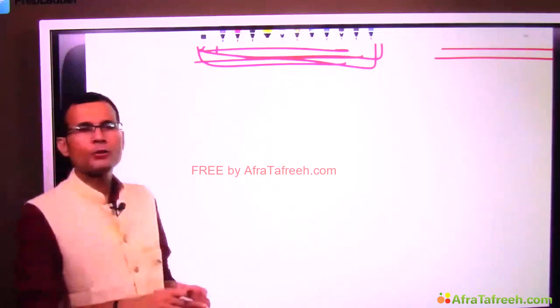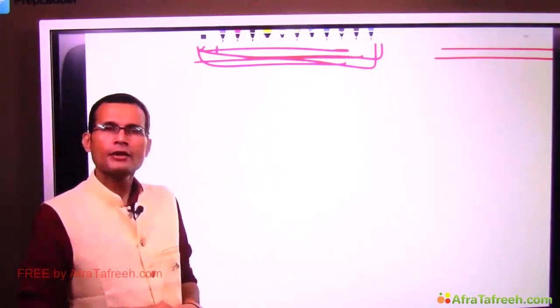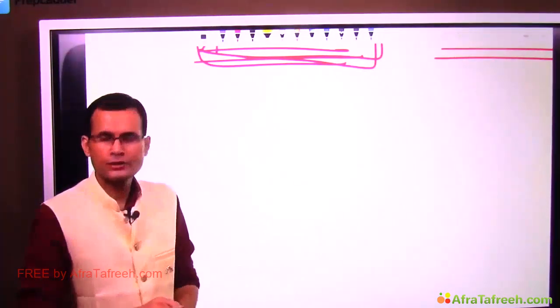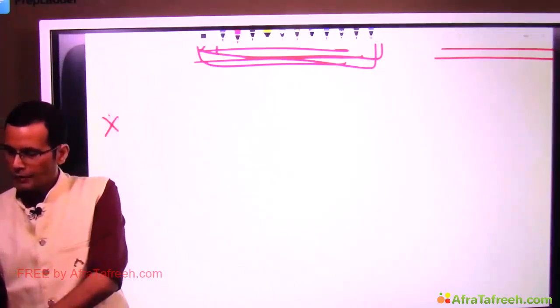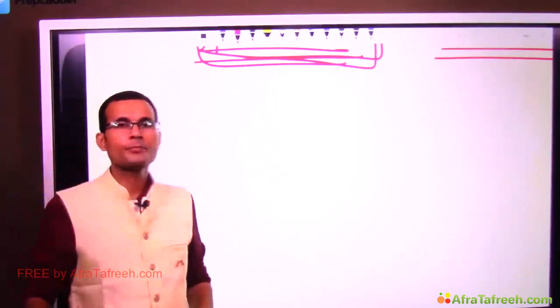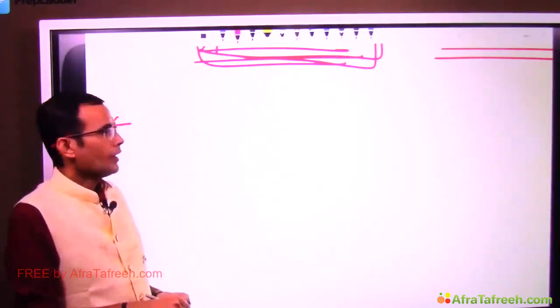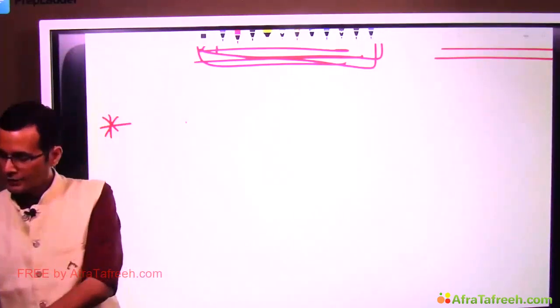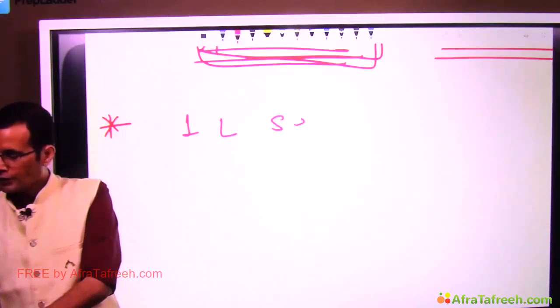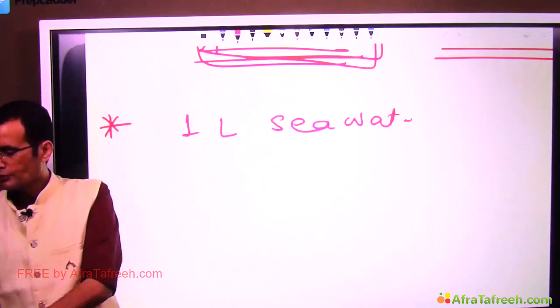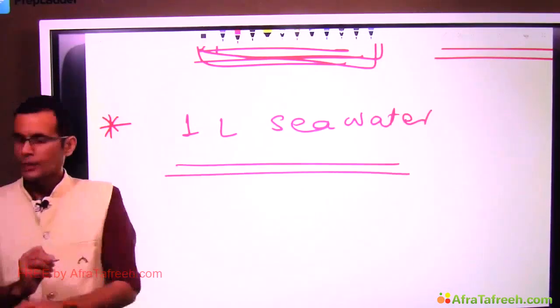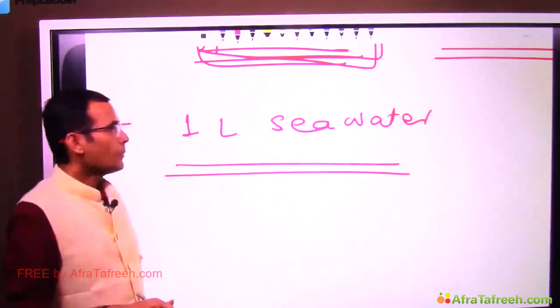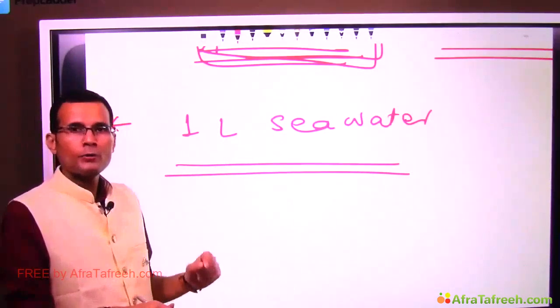Just one last question, and then we will end this particular section. A man was on a voyage, and by mistake the man drinks 1 liter of seawater. What will happen to this man after 1 hour?